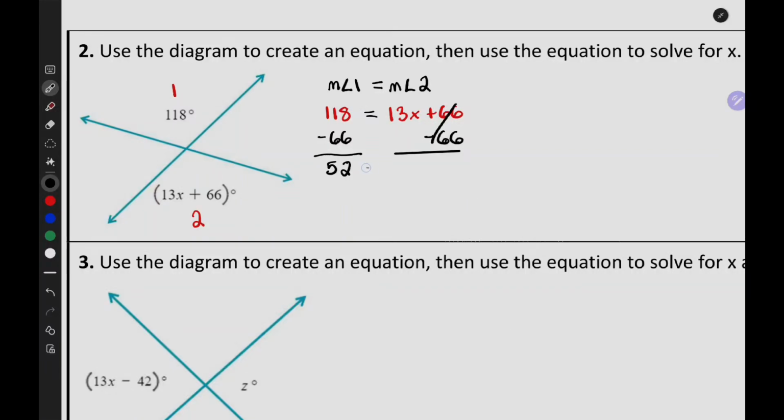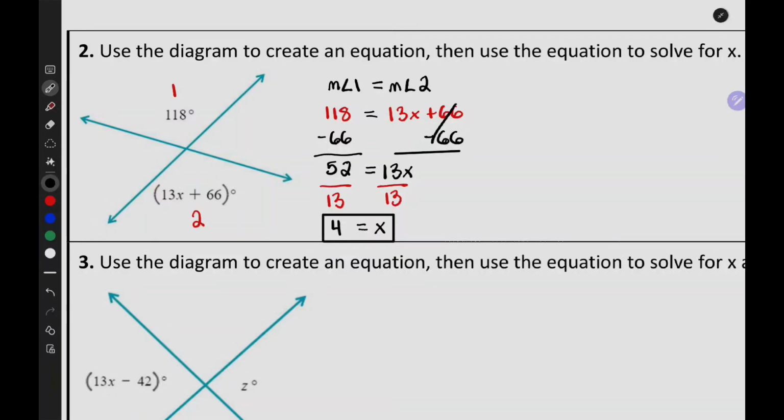And on the right side, we're left with 13x. And then finally, we divide both sides by 13. When we get that x is equal to 4, or literally 4 is equal to x. Okay, so we solved that equation.